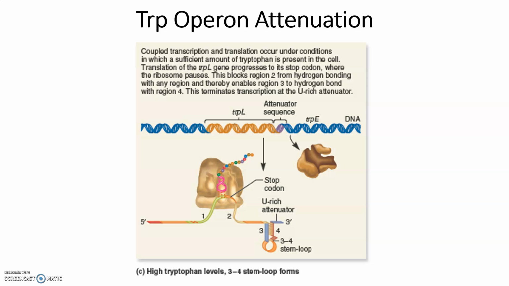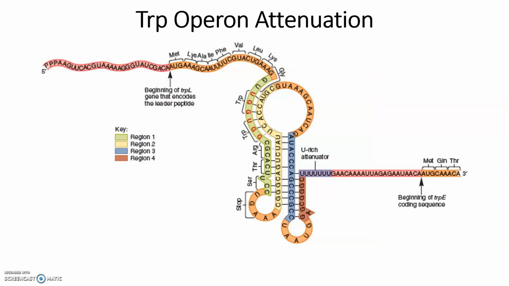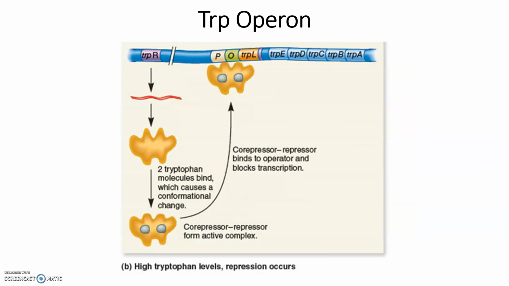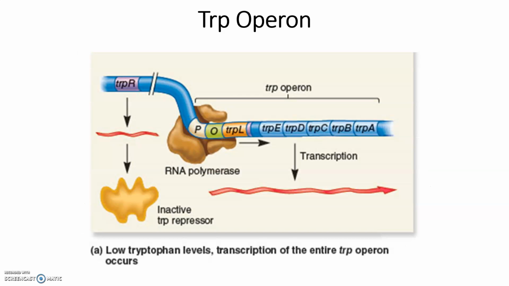Okay, so I know this is a little bit confusing, so let's back it up again. The operon is necessary to produce tryptophan. So the first idea is if we have low levels of tryptophan, we need to turn this on. We need to produce that molecule.